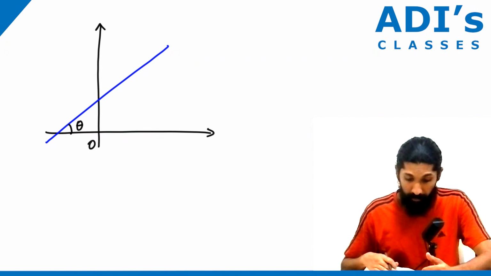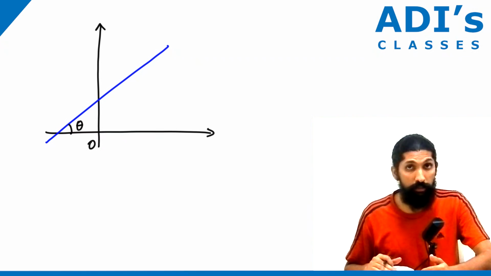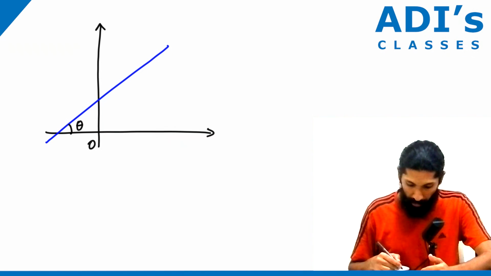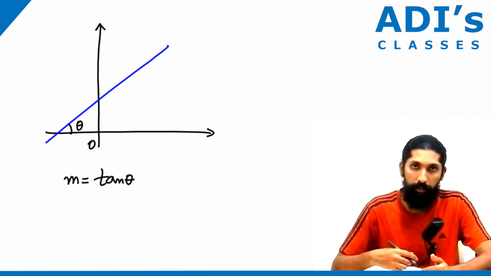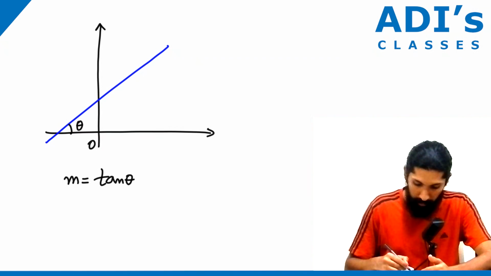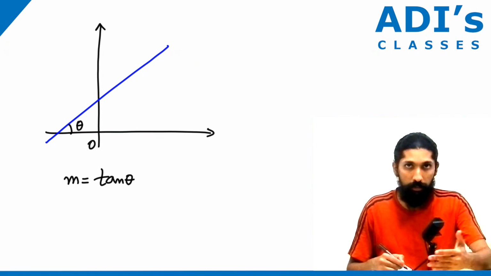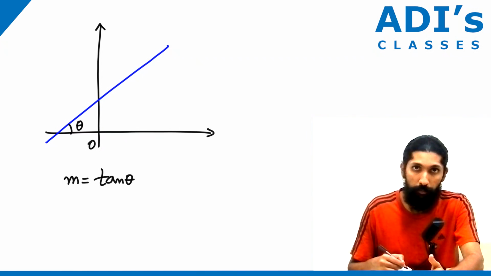So in this particular case, if you look at the line, the angle is theta. So slope m is equal to tan theta. m is tan theta, correct? Now here the line cuts the x-axis and the y-axis at two different points.